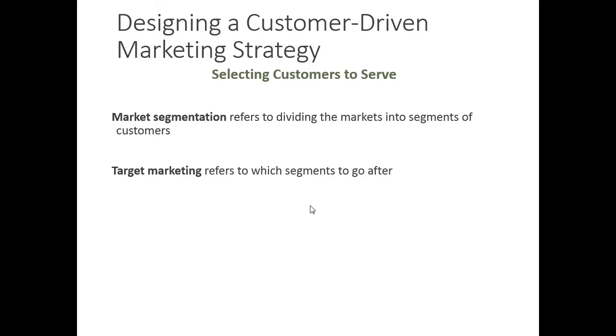But the thing I want to make sure you understand for sure is that we segment markets based on consumers' behaviors and desires. We do not segment markets based on products. I know sometimes people think that. So what we want to talk about is how we segment markets, meaning markets of people or organizations.